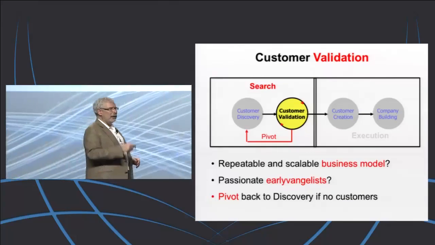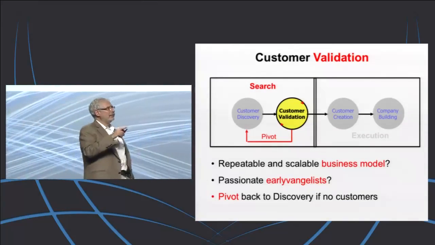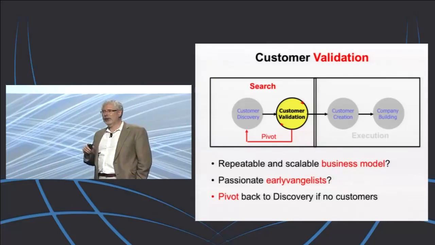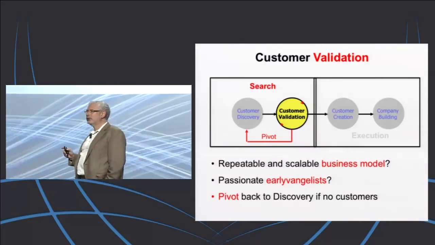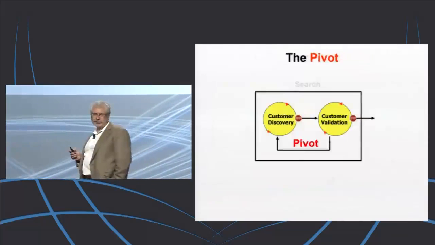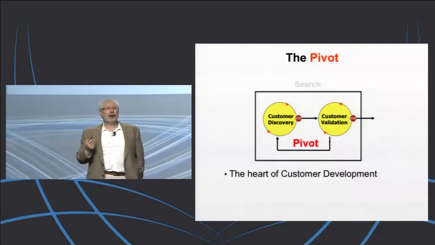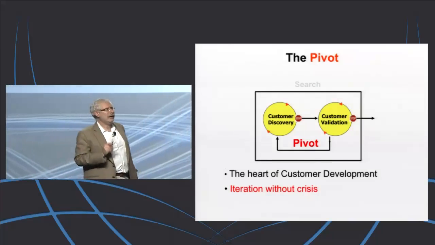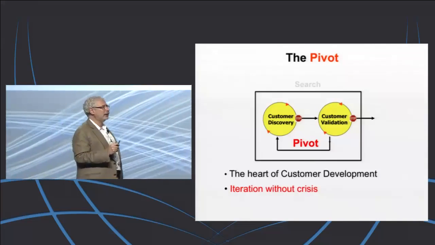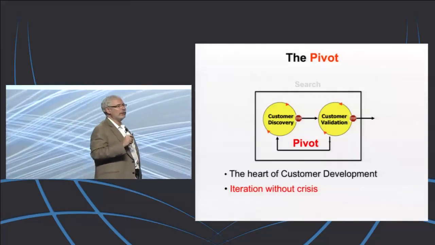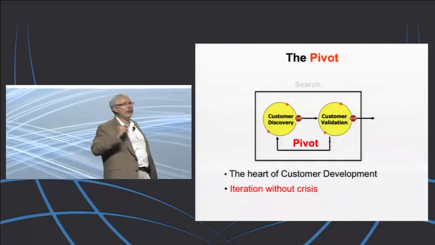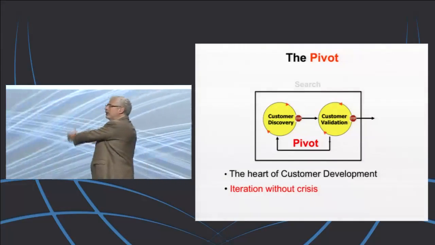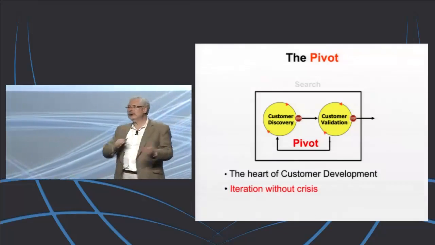And there's this idea of a pivot, which says instead of firing people, if we're wrong about our hypotheses, we change our business model. And the pivot is the heart of customer development. It's this iteration without crisis. It says it's okay that we got one or more of the business model canvas hypotheses wrong. A pivot says, great, we thought the customer segments were utilities. Gee, the customer segments are really large corporations.